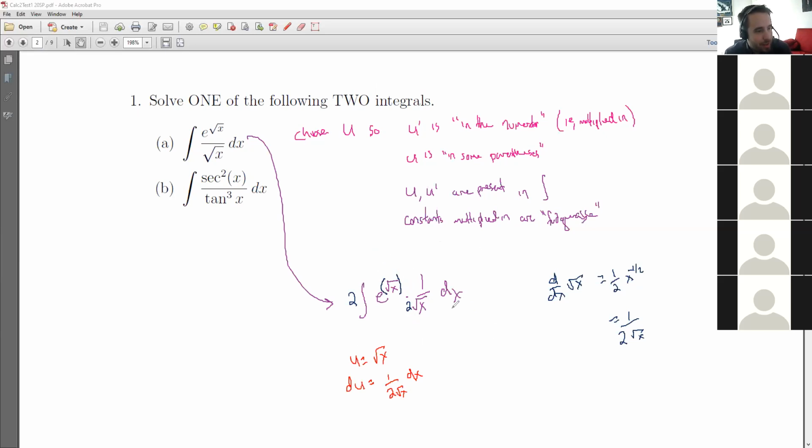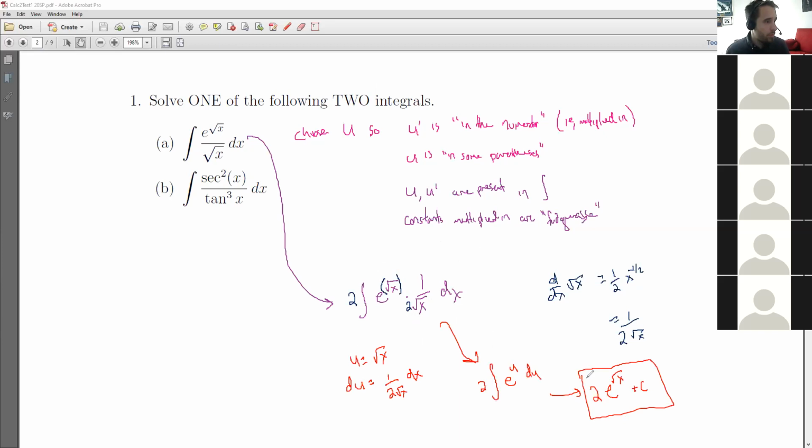And so this entire thing can be rewritten as the integral, we have that 2 out front now, and this became e to the u du, which just becomes 2 times e to the u plus c, which is 2 times e to the root x plus c. And that would be our final answer there.